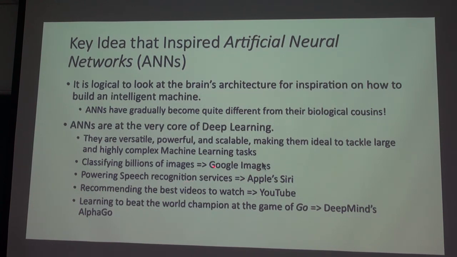In Google Images, you can do a search, and there's a tab you can click, right? That will help you identify the images corresponding to your search keywords, right? So that's what is accomplished by deep learning.